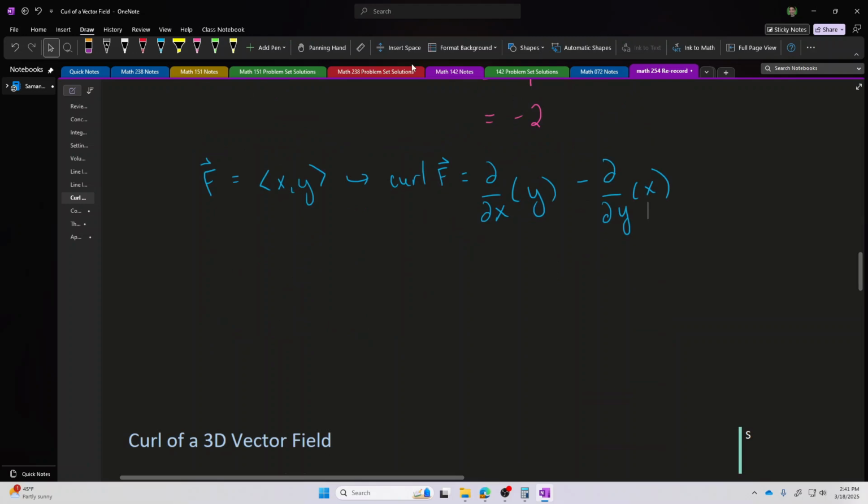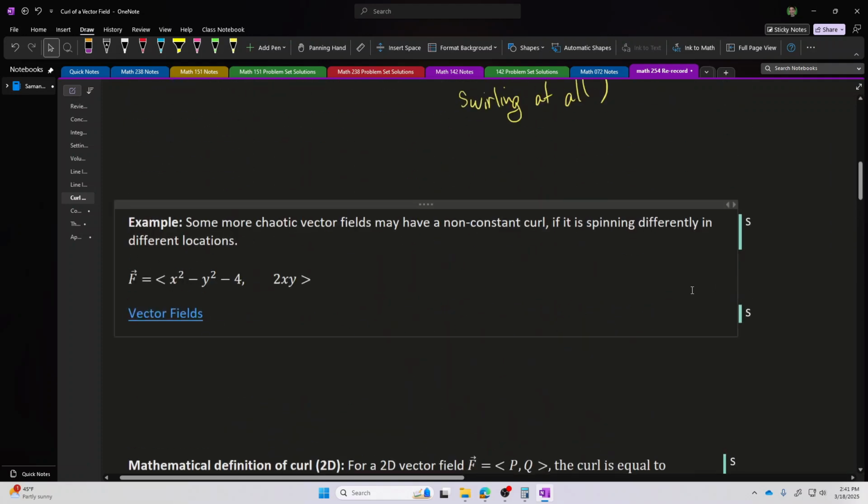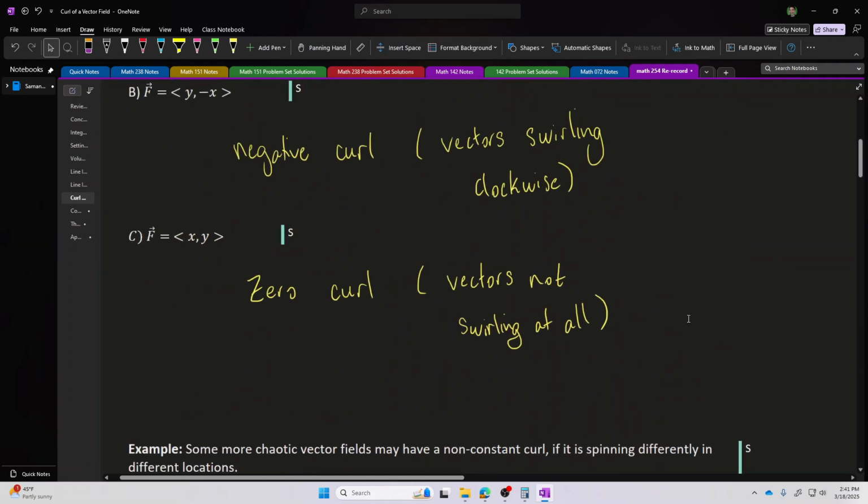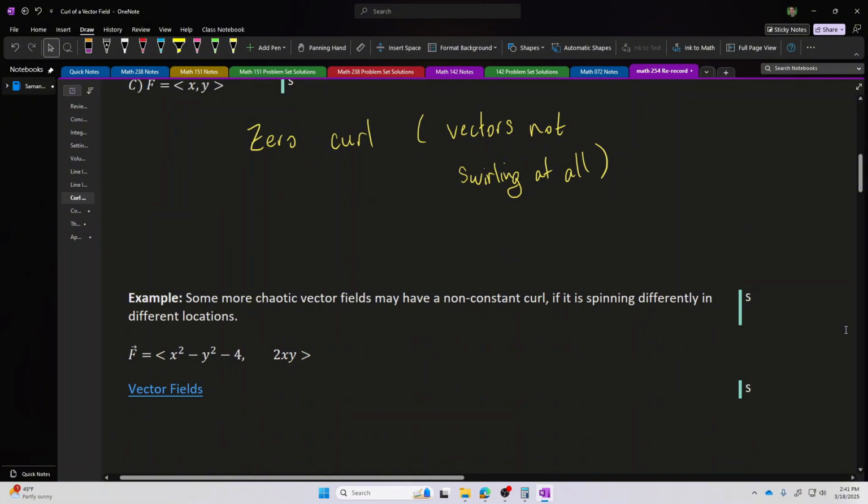Now the partial derivative of y with respect to x is going to be 0. And likewise, the partial derivative of x with respect to y is going to be 0. So in this case, we get a curl of exactly 0, which makes sense because we found graphically that these vectors did not swirl at all. So we expected no curl in that case.